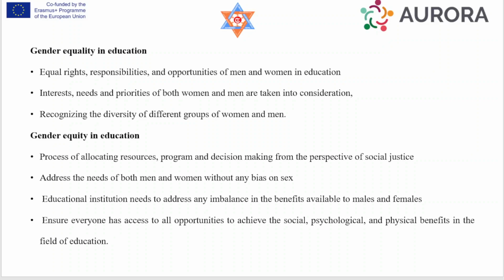The overarching goal is to guarantee that everyone, irrespective of gender, has access to all opportunities, thereby facilitating the attainment of social, psychological, and physical benefits within the realm of education.